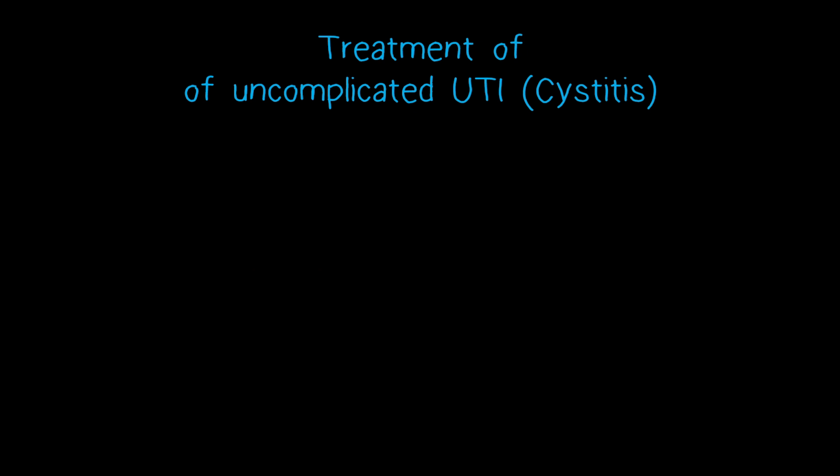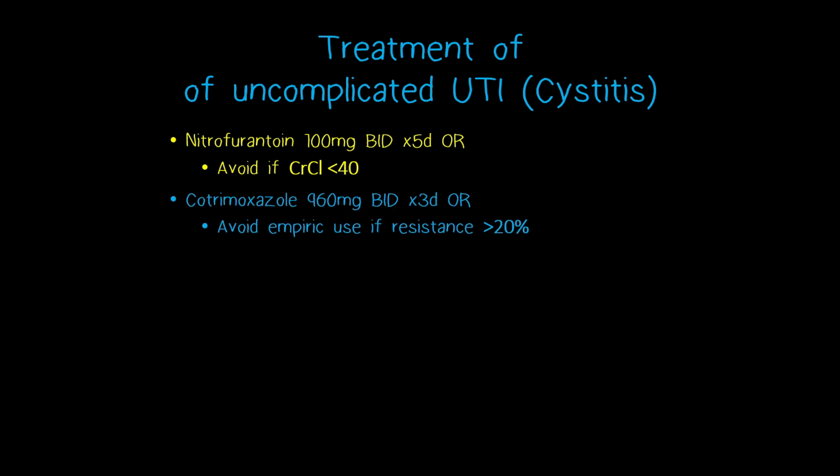The treatment of uncomplicated urinary tract infection involves nitrofurantoin 100 mg BID for 5 days, and this should be avoided if the creatinine clearance is less than 40. The other alternative is cotrimoxazole 960 mg BID for 3 days, and this also shouldn't be given empirically if the resistance rate in that environment is more than 20%.